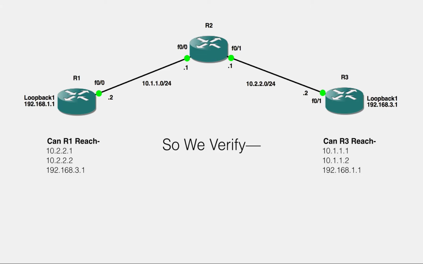The networks that we're most concerned about are the 192.168.3.0/24 network and the 192.168.1.0/24 network. So we're actually going to test reachability to the 192.168.1.1 IP address from our Site 3 router to confirm what our users are reporting.